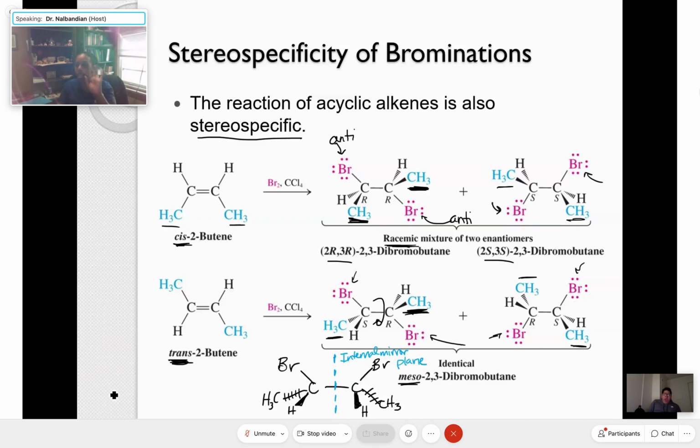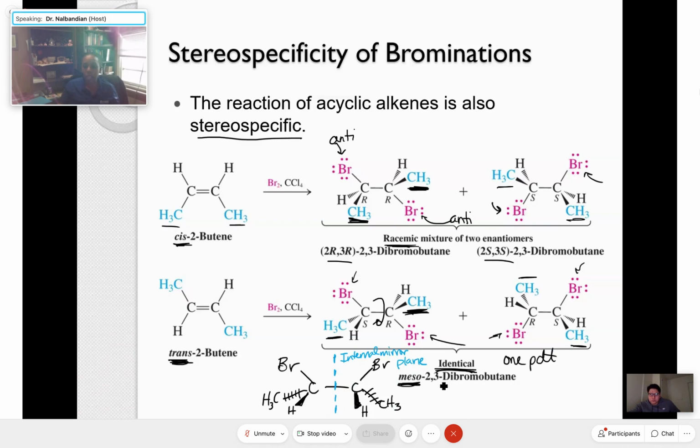We can rotate it and it will superimpose. And so these are not enantiomers of one another. It's a meso compound, so we only get one product here. Just one product. They're just showing it two different ways, but it is the meso compound because these two are identical to one another.